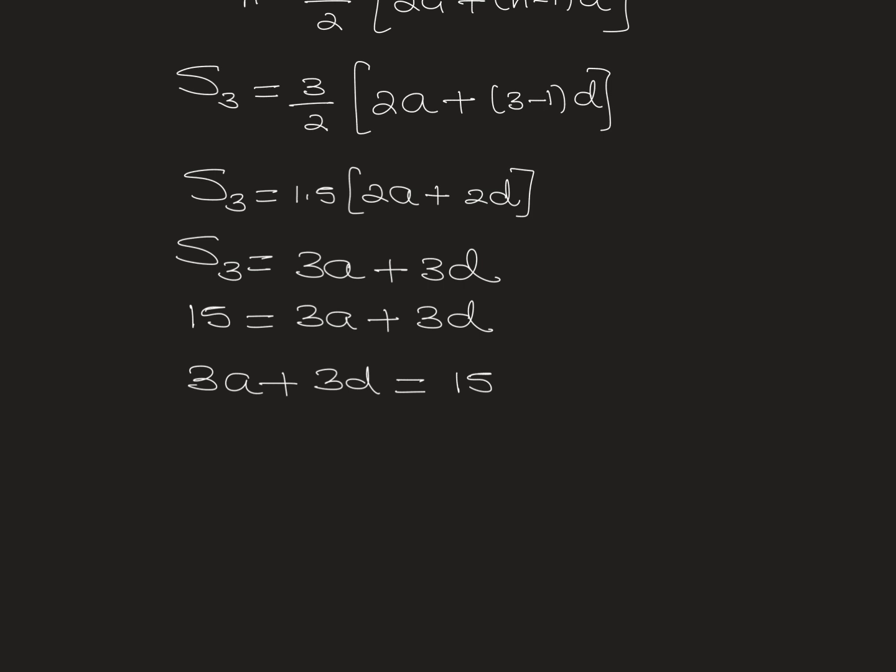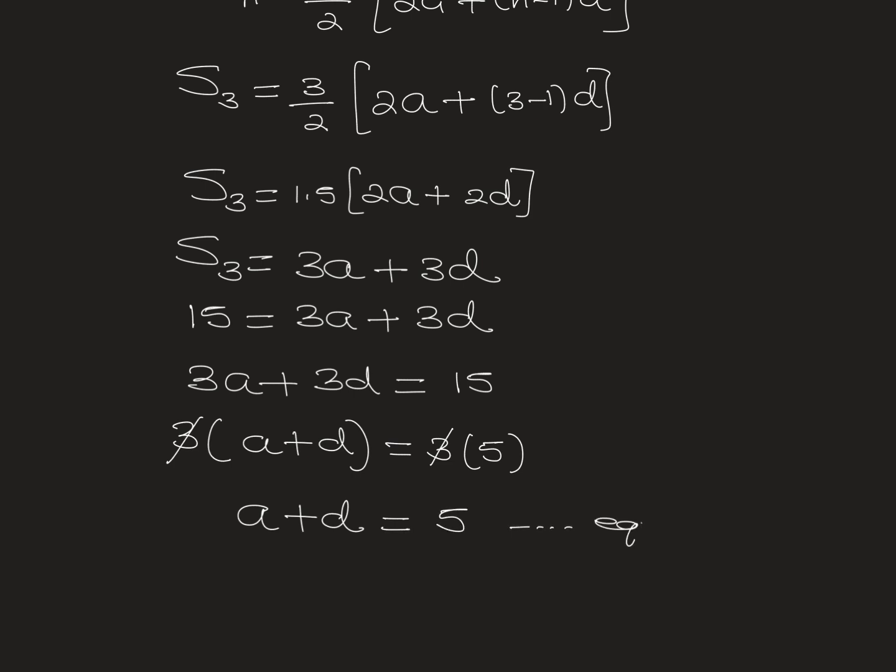So that will be 3 into a plus d is equal to 3 into 5, because 3 times 5 will give you 15. So this will cancel this, which means a plus d is equal to 5. Let's call this equation 1. That is, the first term plus the common difference is equal to 5.